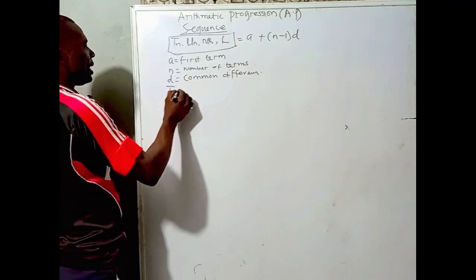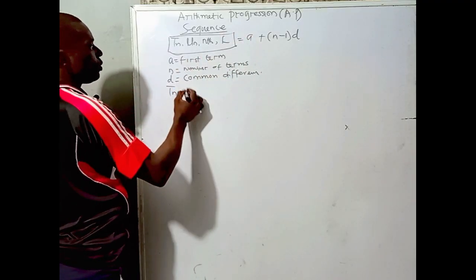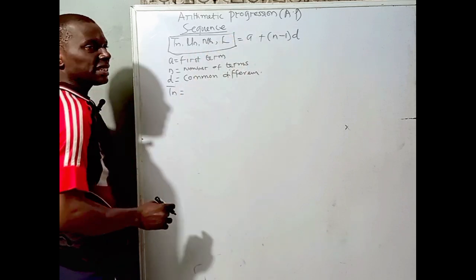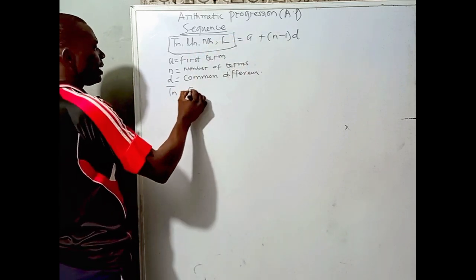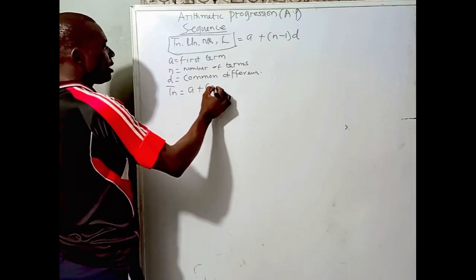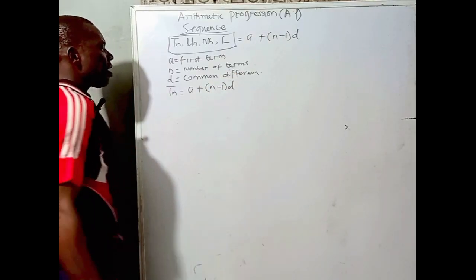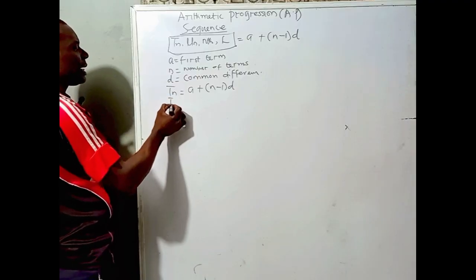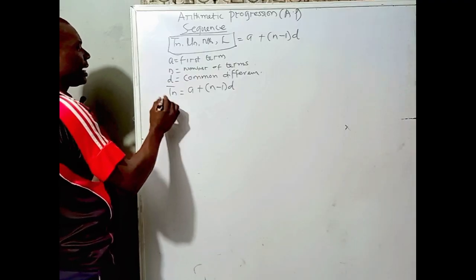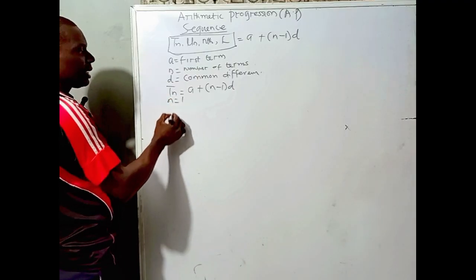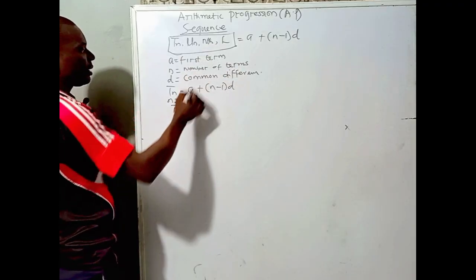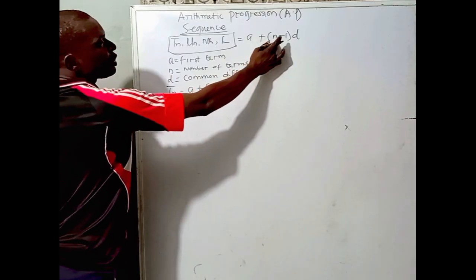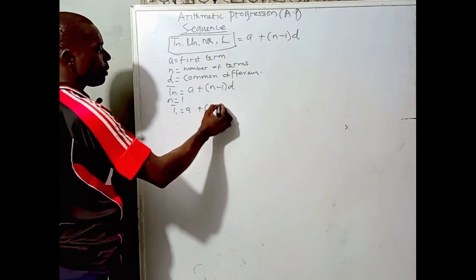Now sometimes we have Tn, which is the same thing as Un, which is the same thing as the nth term or the last term, is a plus open bracket n minus 1 close bracket d. Now, if I want to know the first term, let's assume that n is 1. That is where you get T1, which is the first term. Anywhere you see n, we put 1, so 1 minus 1 times d.